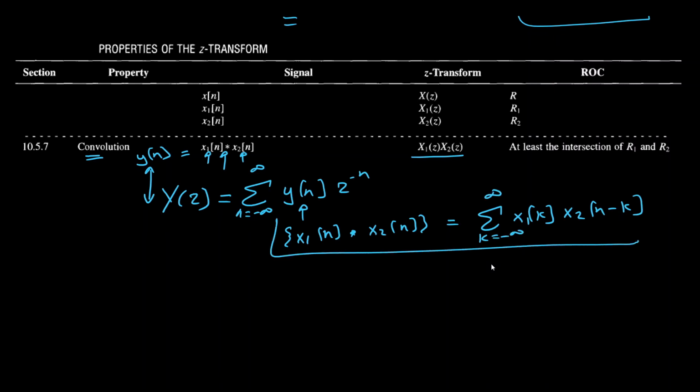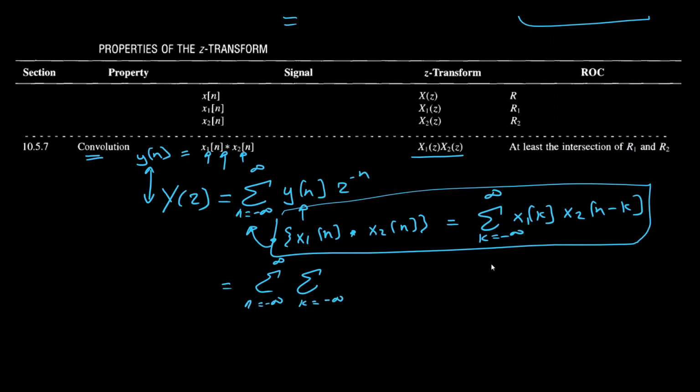So this is the convolution sum operation. So plugging this in the first equality, we would have a double summation. The first summation is with respect to n, and the second summation is with respect to k. We have x1 of k, x2 of n minus k, and z to the power minus n.